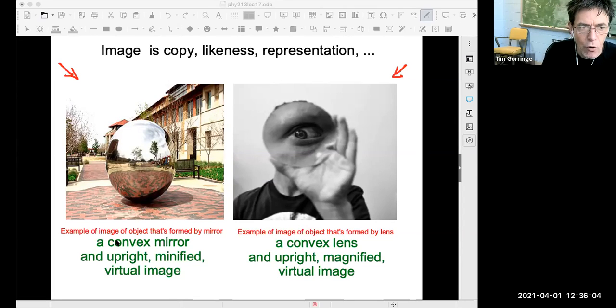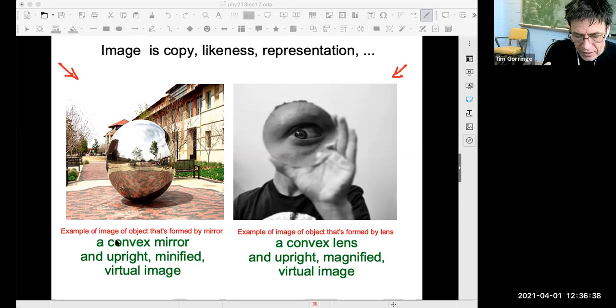We can form magnified and minified images, images that appear larger than the object, images that appear smaller, shrunken than the object. So with our lenses, with our mirrors, we can make what we call minified and magnified images. And then we can also make what we call virtual and real images. Both of these images are virtual images.